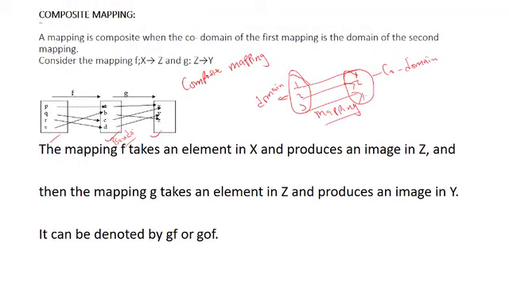So I would like us to try some questions that have to do with composite mapping. Let's call this example 1. Let's say for example we have the domain. Remember, we are dealing with composite mapping. We also have its codomain, and we also have another codomain.